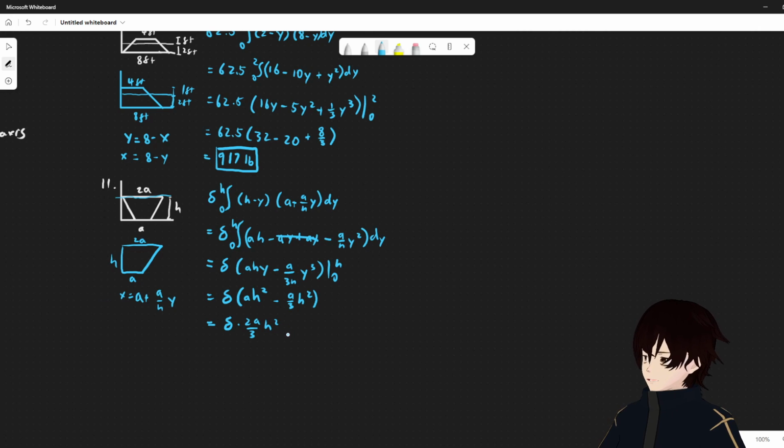Is that right? This is number 11. Oh yeah, let's rewrite this. 2 over 3 phi, or as I should call it, density a h squared r squared, which is indeed the answer.